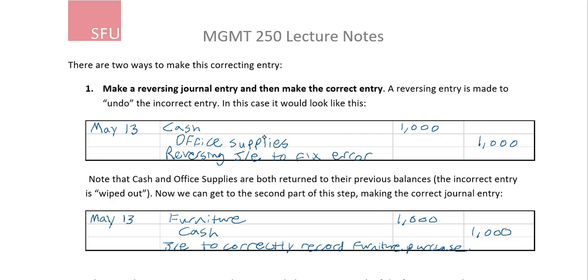So in instances like this, the descriptions are very helpful, because if anybody were to look back at the journal entries and wonder what is going on, it will be easy to track.